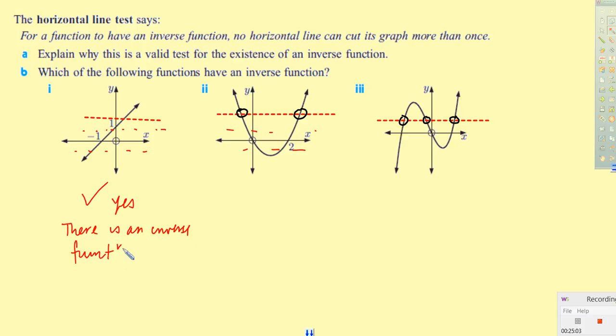Okay? Now, if I perform it on this parabola here, I do the horizontal line test, and I'm getting two values of x for every value of y, and therefore that's not good.